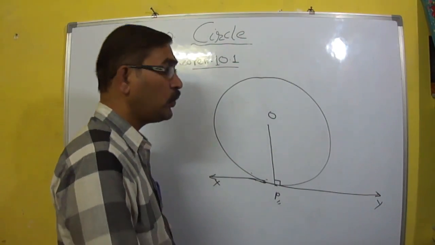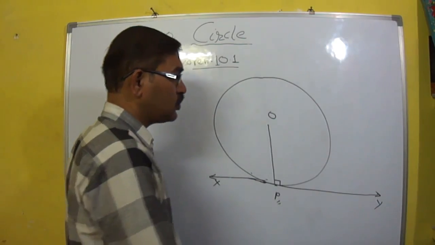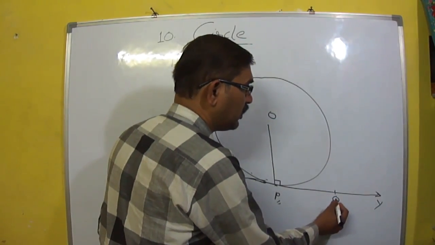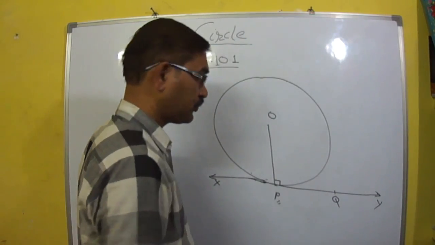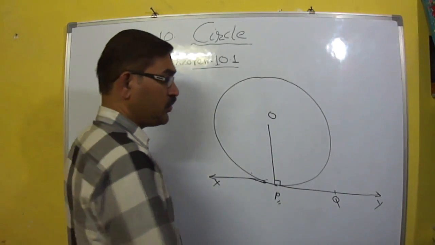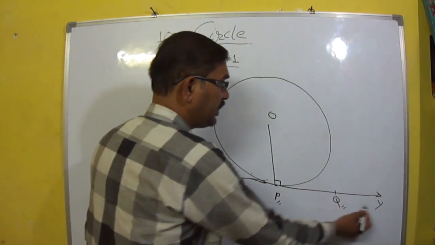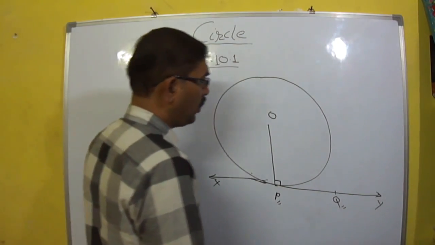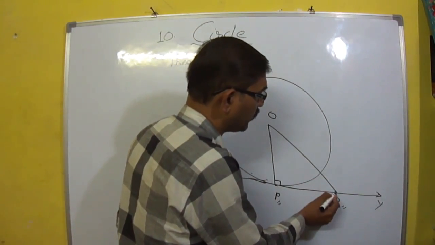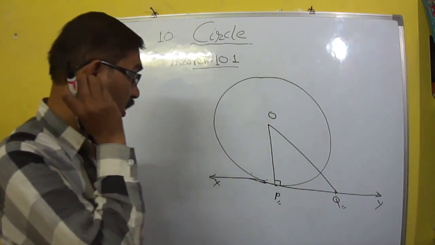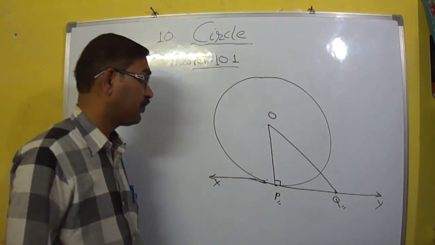So कैसे करेंगे हम? सबसे पहले we have to take any point. Suppose we take any point Q on tangent XY, other than P. Now you have to join the center O to Q. Okay. What we have to see?